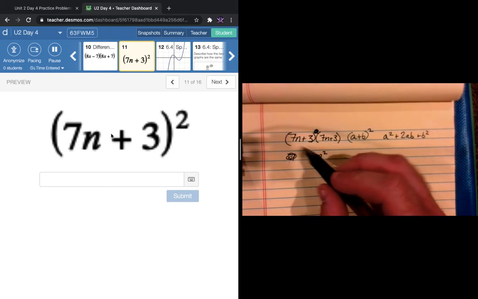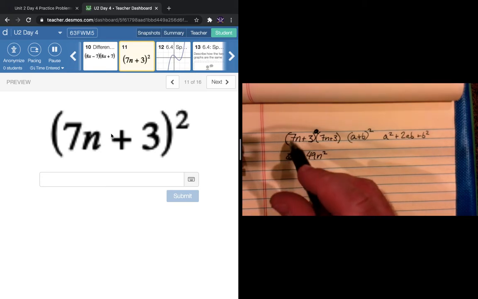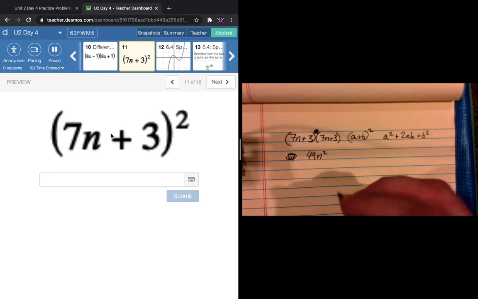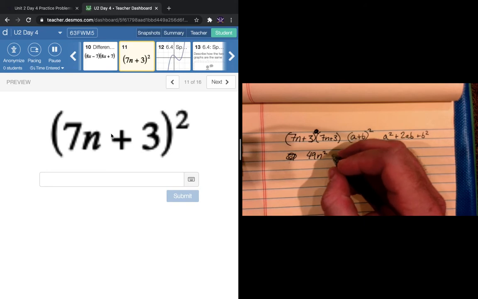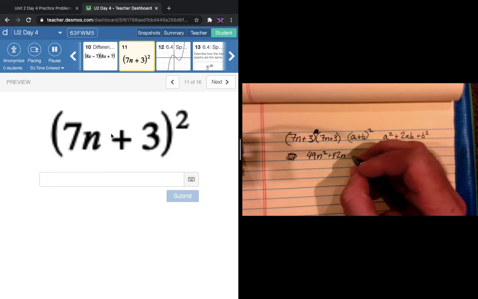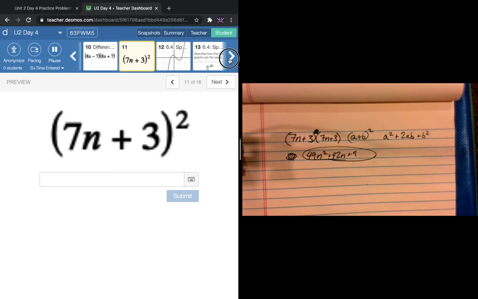So we've got 14 times 3, because 2 times 7 is 14, and 14 times 3 would be 42n. And then 3 times 3 is 9. And that would be how you would do the difference of squares.